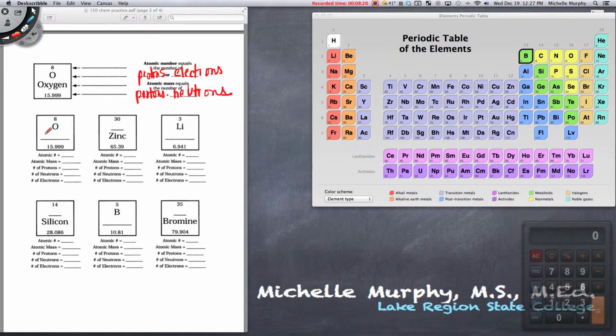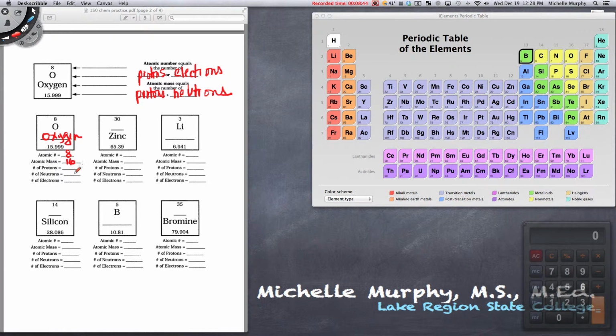Alright. O, we fill in the name, oxygen, and you won't have to memorize these. I mean, you'll get to know some of them, but you won't have to memorize them because you will always have your periodic table with you. So it has an atomic number. Atomic number is the smallest one, of 8. Atomic mass, 15.999. When you're doing atomic mass, round it to the nearest whole number.